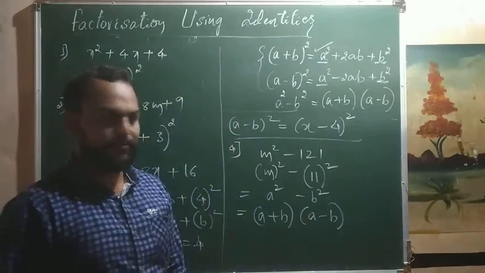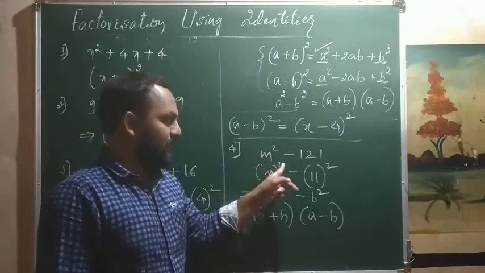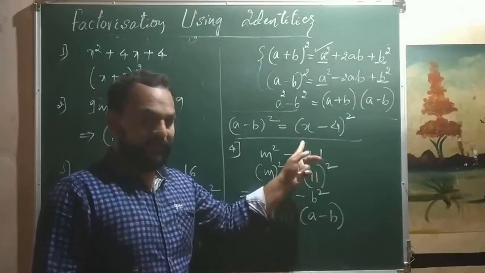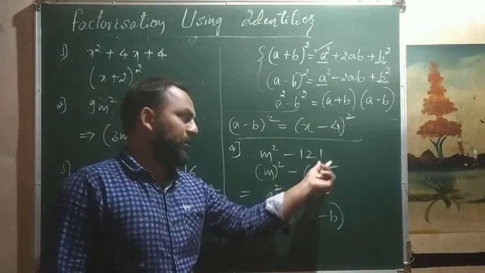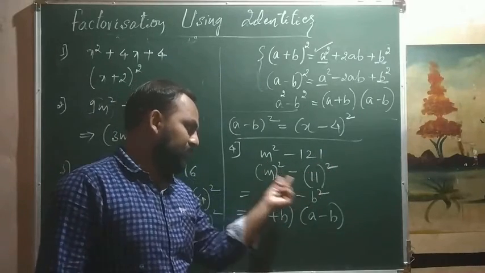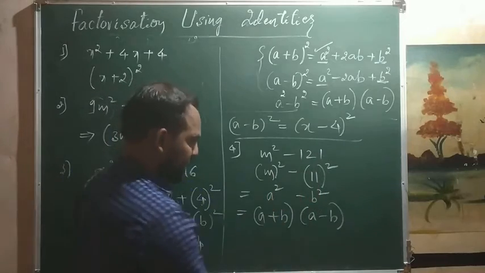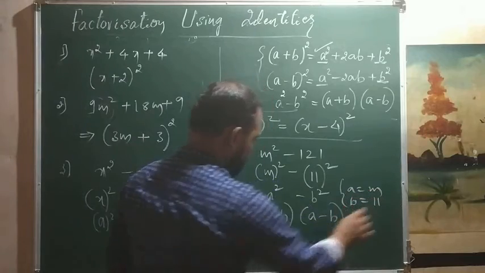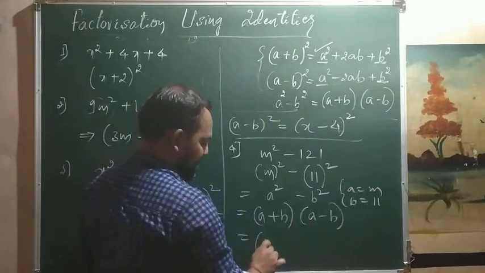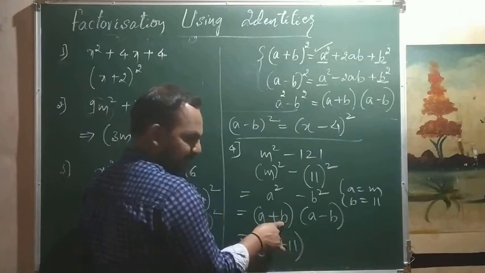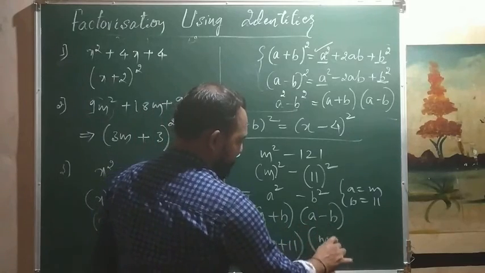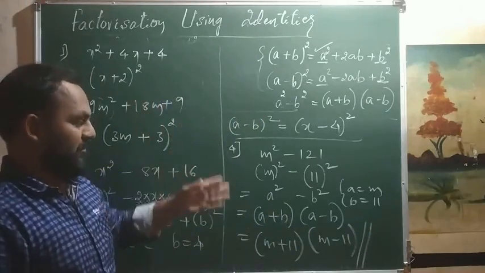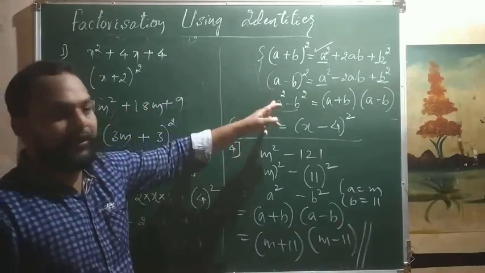Here a is equal to m and b is equal to 11. Substitute the values: m plus 11 and m minus 11. Then these are the factors, factorizing by using identities 1, 2 and 3.